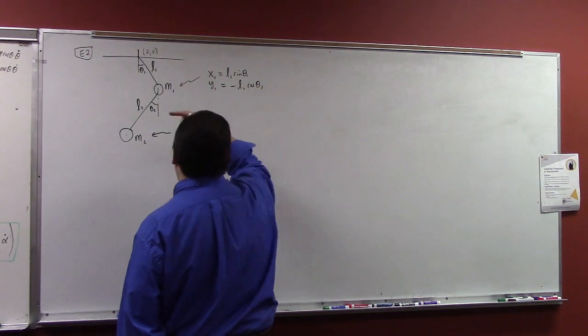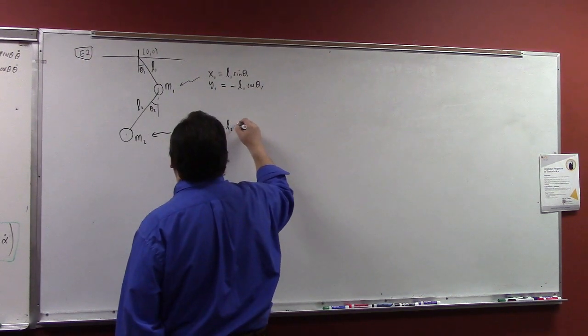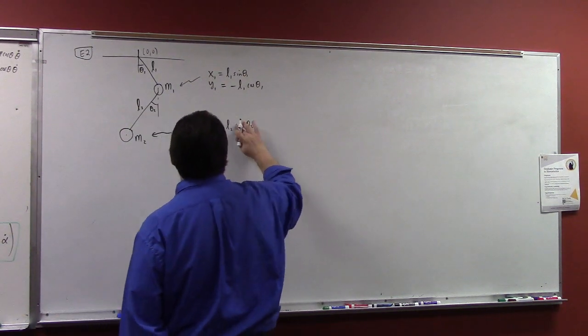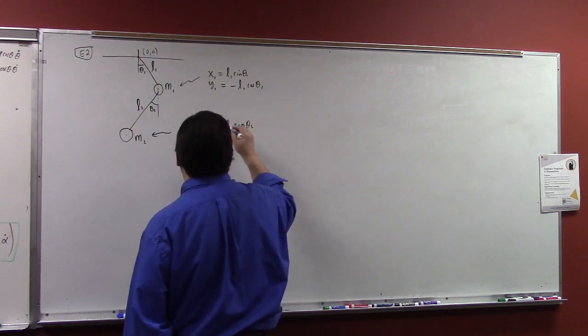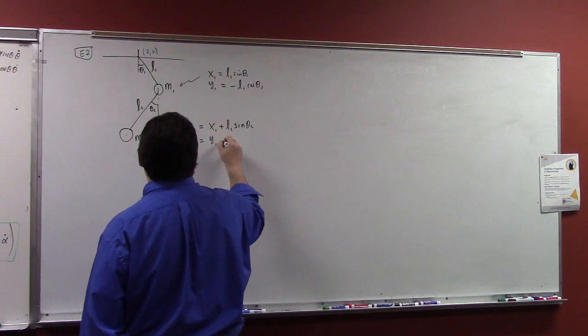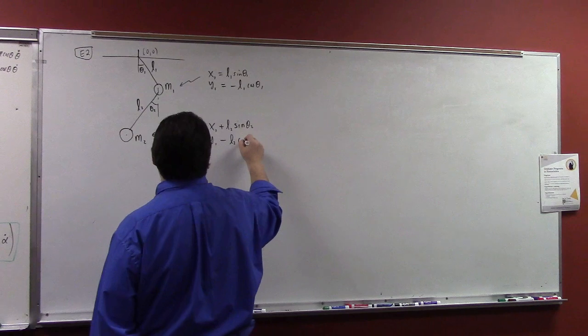My picture is just for negative theta 2, so I'll write a plus here. Excuse me, sine theta 2, if I could do math. And Y2 would be Y1 minus L2 cos theta 2, right?